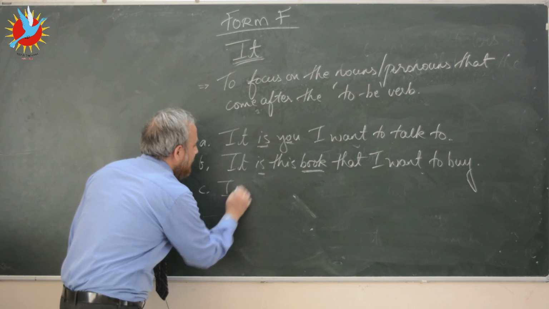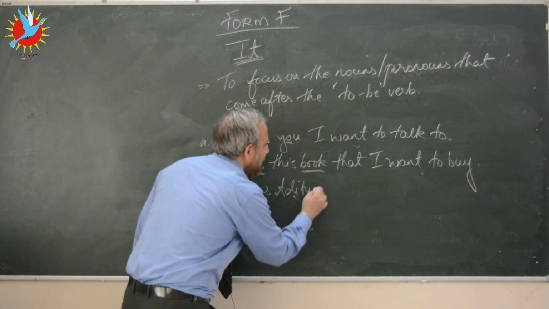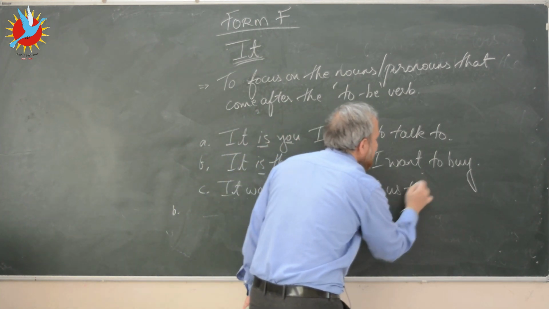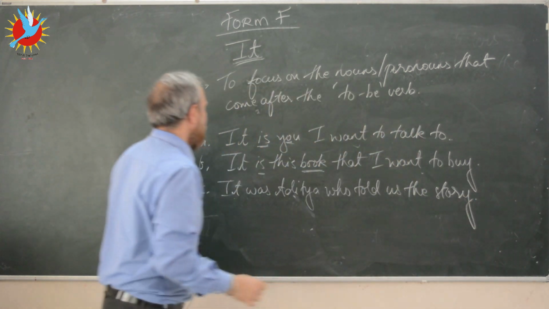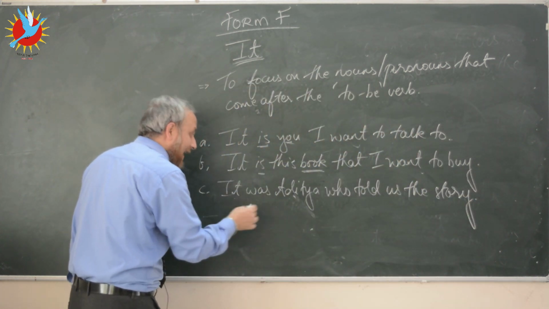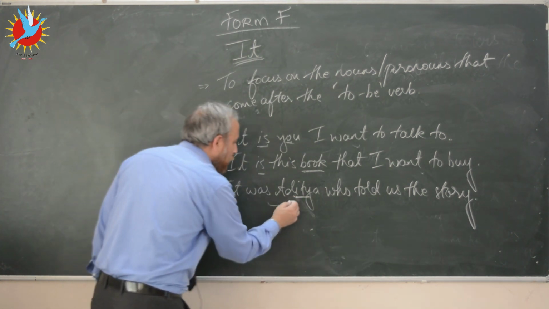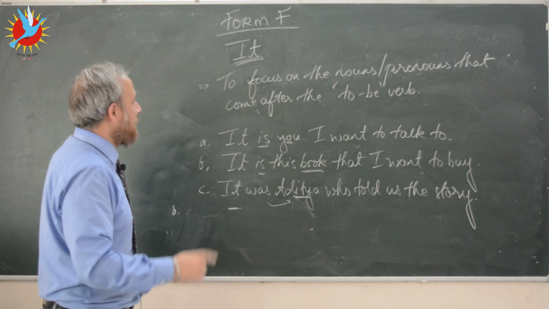Or let's say, it was Aditya who told us the story. So to lay the stress or to focus on the noun that comes after the to be verb, you can use it. Remember that.